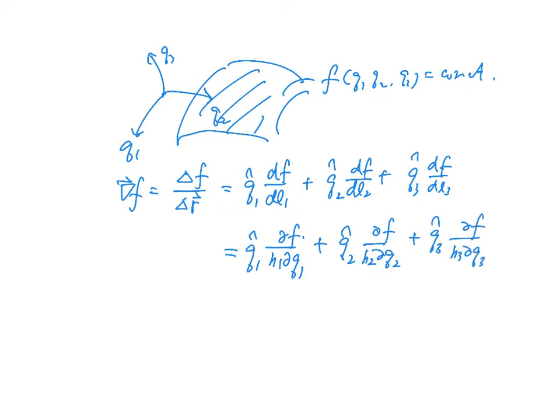So q1 hat, q2 hat, q3 hat are unit vectors along the q1, q2, q3 axis respectively.